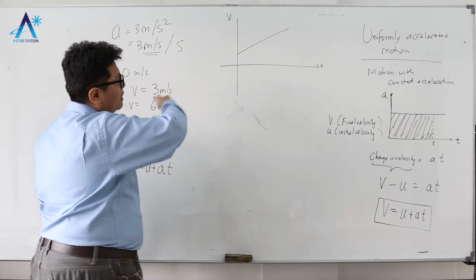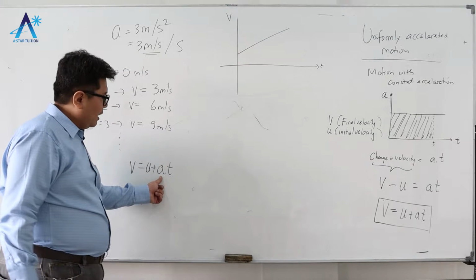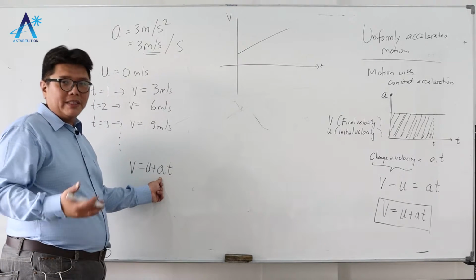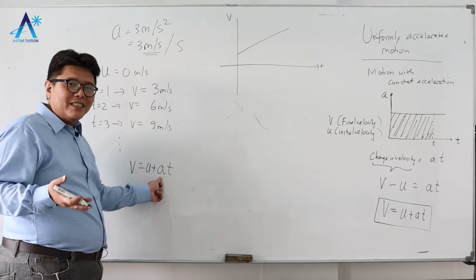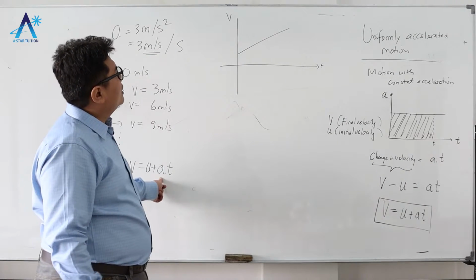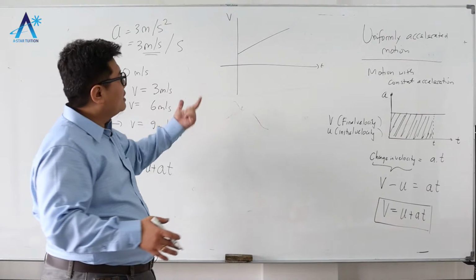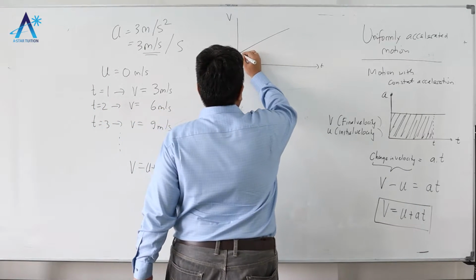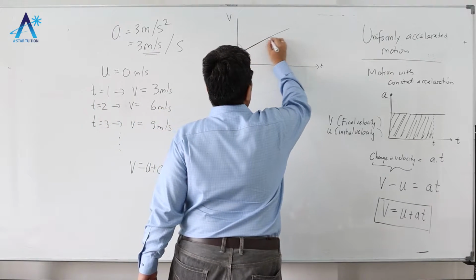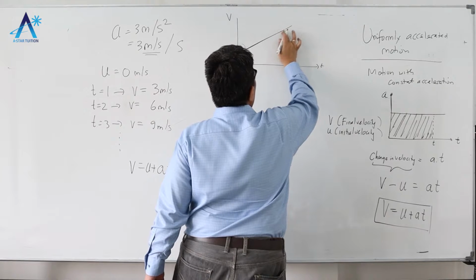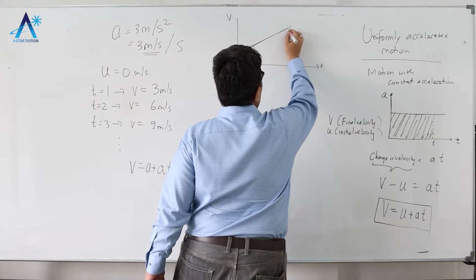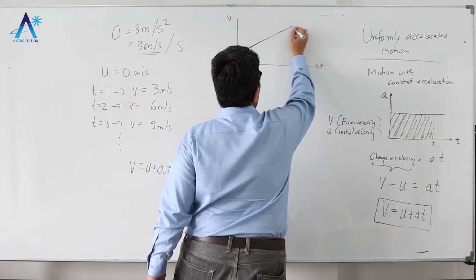Now remember that in this linear function, a is the slope. It makes sense. Remember that the acceleration is the slope of the tangent line of the velocity function against time. But in this case, because it's a straight line, you can just find the slope of the straight line to find the acceleration.